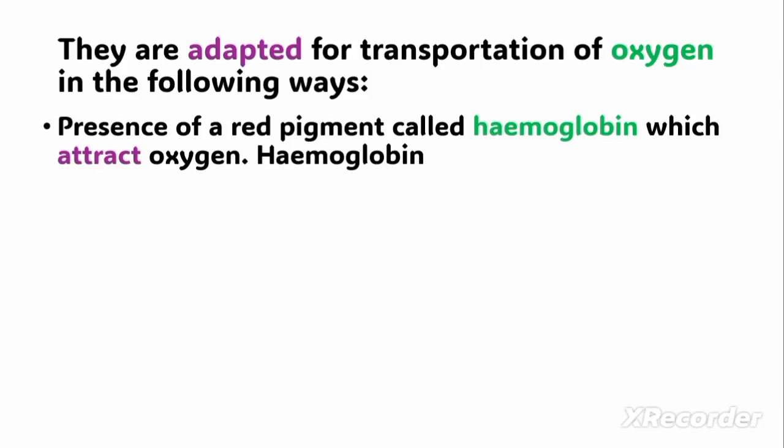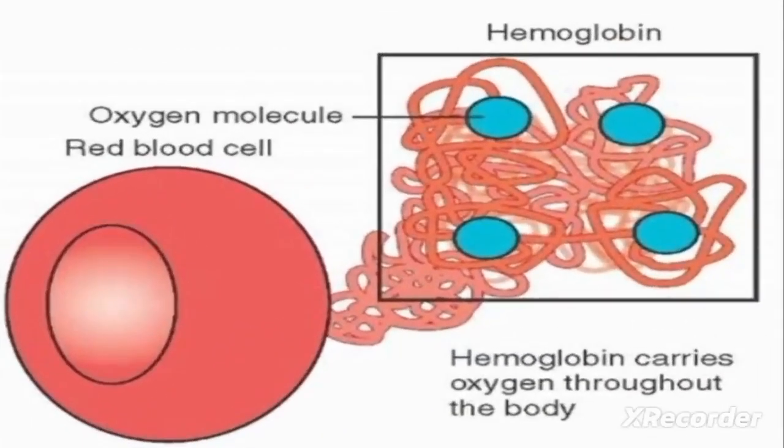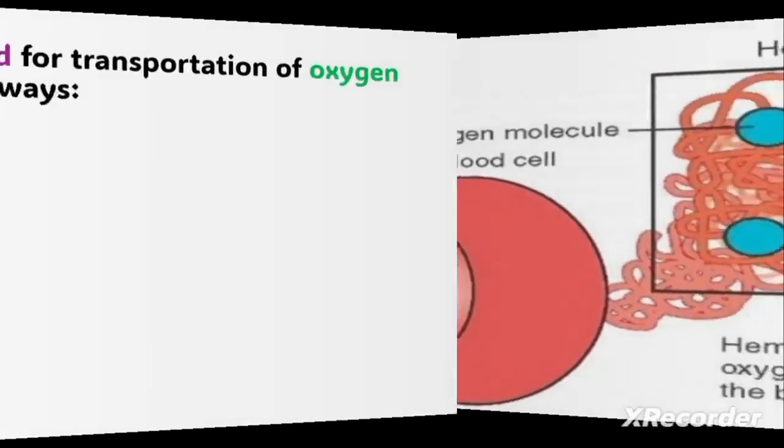When oxygen concentration is low in the body, the hemoglobin dissociates, or splits, so that the oxygen can be released. As we can see, hemoglobin here is trying to attract an oxygen molecule.